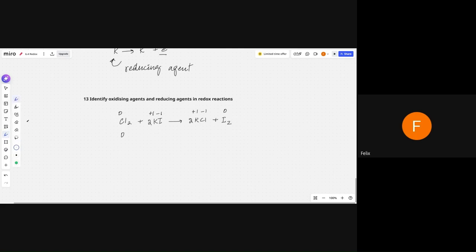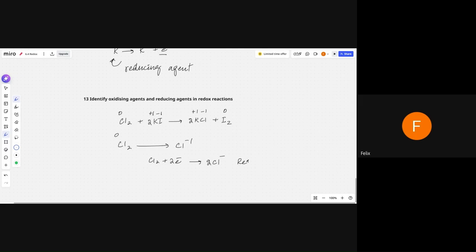Now let's see what is happening. Chlorine changed from 0 to Cl negative, so we can see that it gained electrons. Let me write the half equation: Cl2 plus 2e negative changing into 2Cl negative. So chlorine is gaining electrons and is being reduced.